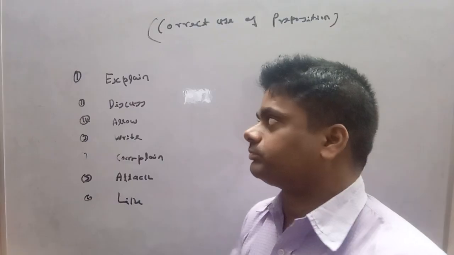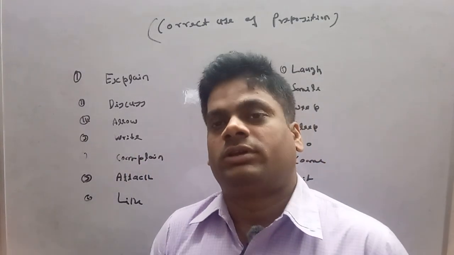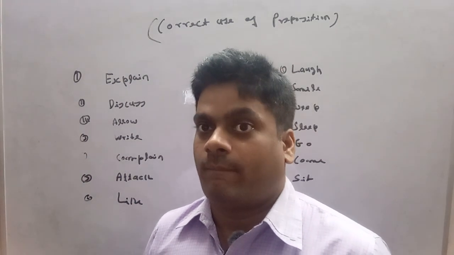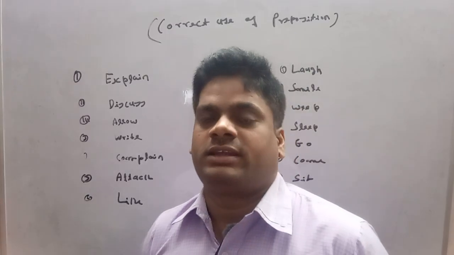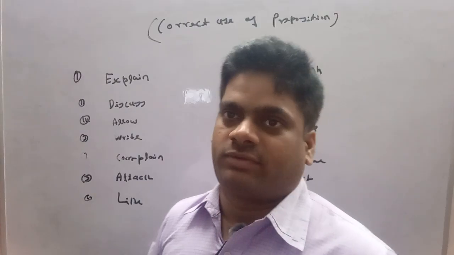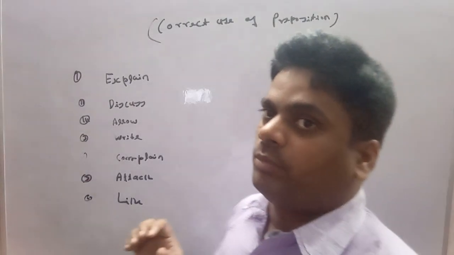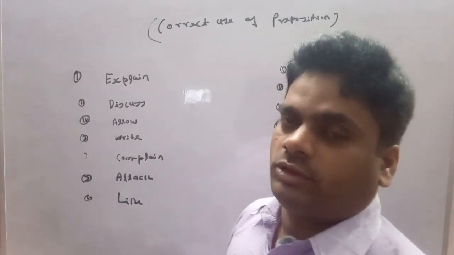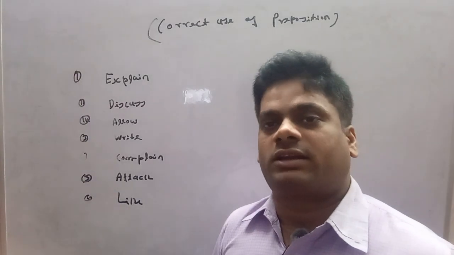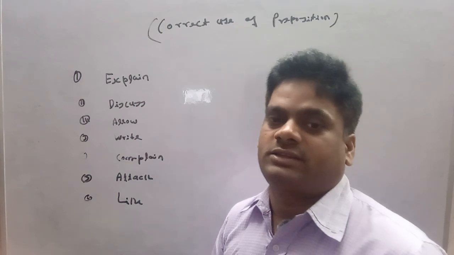Basically, transitive verbs do not take a preposition, but intransitive verbs always take a preposition, because intransitive verbs are incomplete in themselves, but transitive verbs require an object to express their meaning clearly. Intransitive verbs are complete in themselves. They do not require any type of object to express their meaning clearly in a sentence.